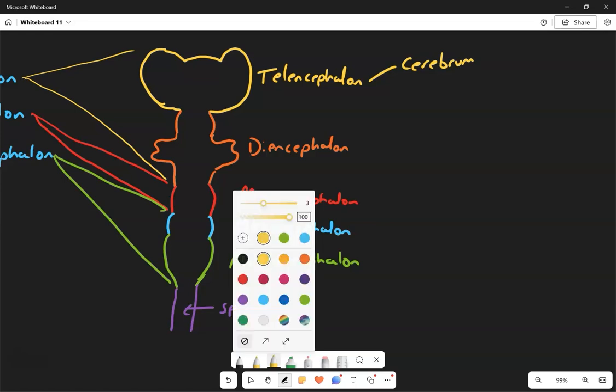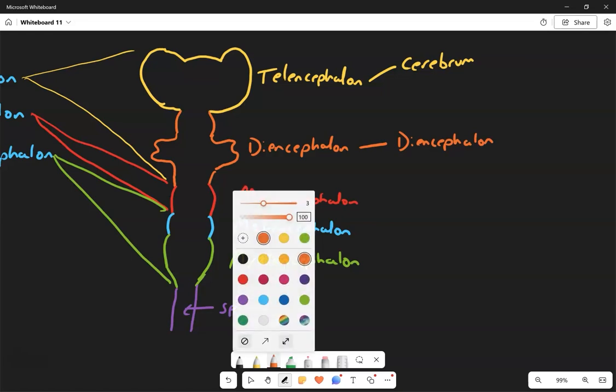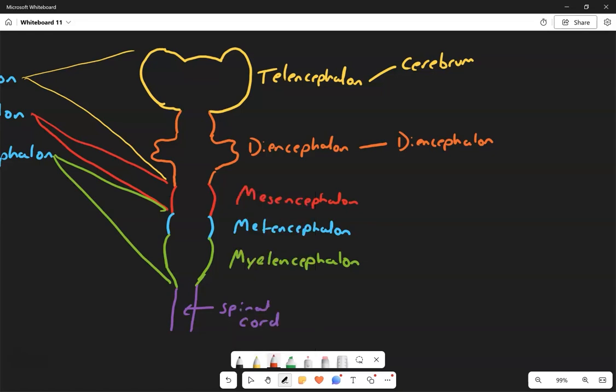Okay, your diencephalon, which we have here in orange, that's going to become what we refer to as the diencephalon. And that is the thalamus, hypothalamus, epithalamus. Then you have your mesencephalon, and that's going to become your brainstem and midbrain.